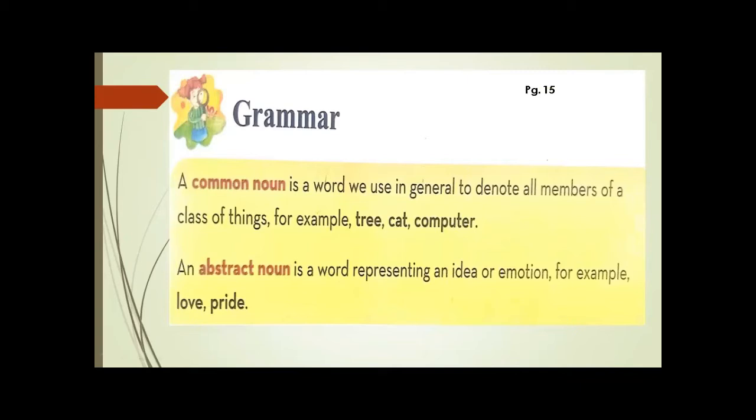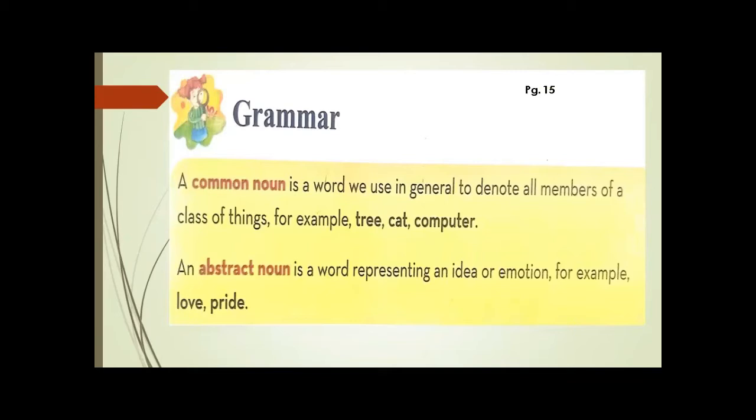I'll share an example in a sentence: we see the stars in the sky. Star is a common noun. It is used to denote the class of objects, that is stars that we see in the night. They twinkle in the night. So stars is a class of objects and it is a common noun. But if I say the sun shines in the sky, the sun is used to describe a specific star. So it is a proper noun.